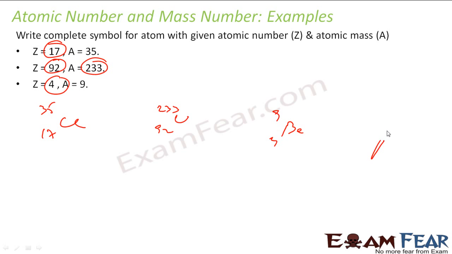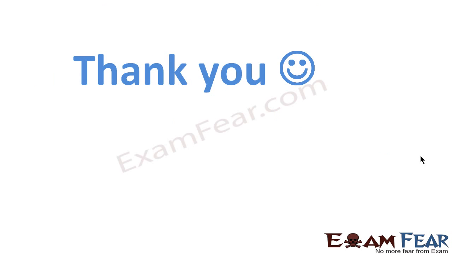And that is my answer. Very simple. This question is just asking whether you know that atomic number 17 means chlorine and atomic number 4 means beryllium. That's all. Thank you.